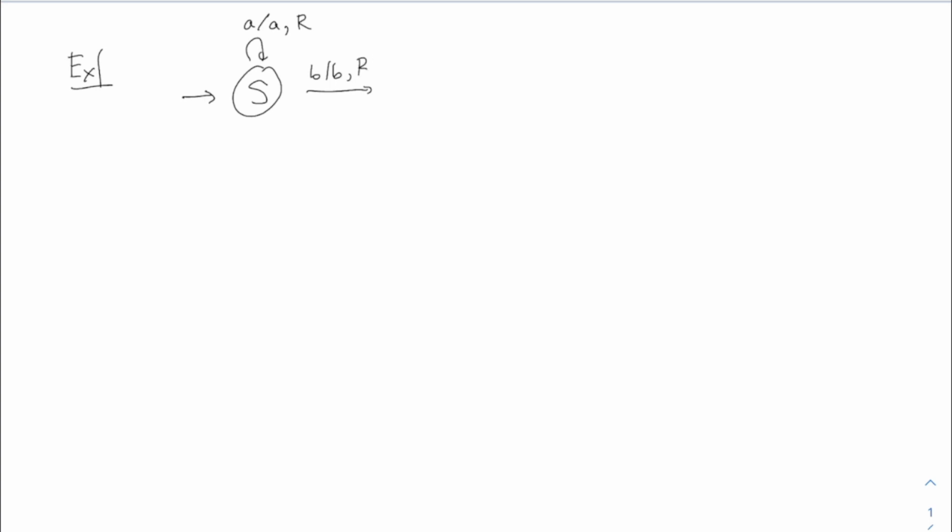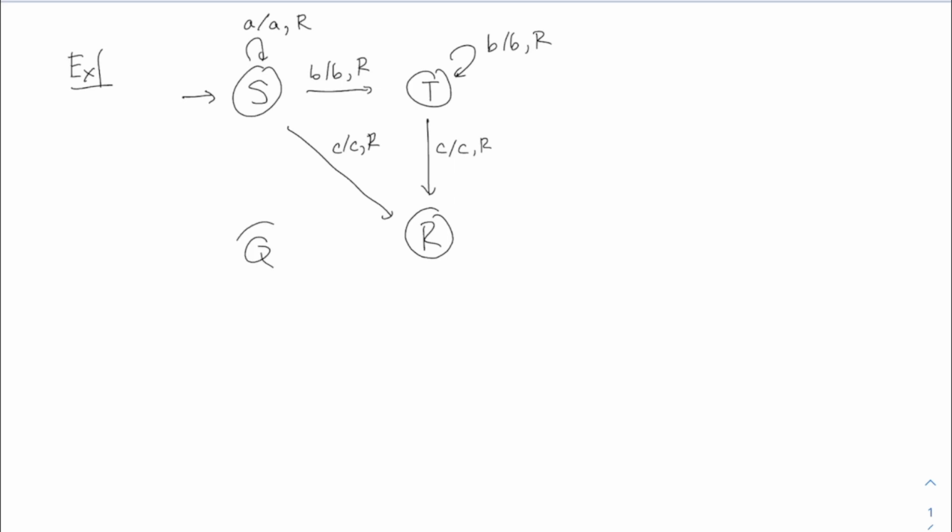This one says B/B, R, which means you can do that arrow if you see a B on the tape. You leave it like it is and move to the right. Here I have another B/B, R. I have a state called R, which is not really going to be confusing. C/C, R here. I got a C/C, R here. You're going to notice this is actually a very simple Turing machine.